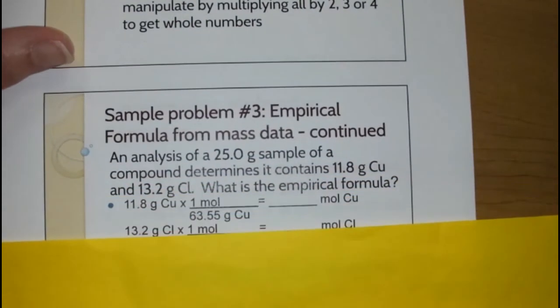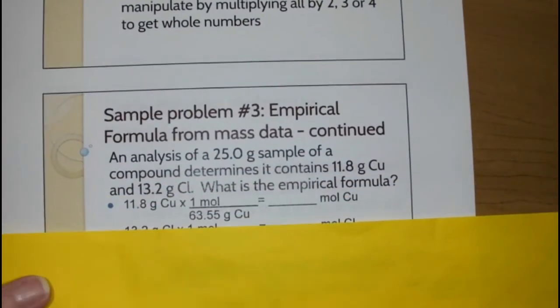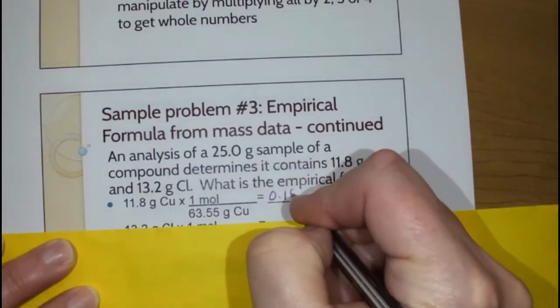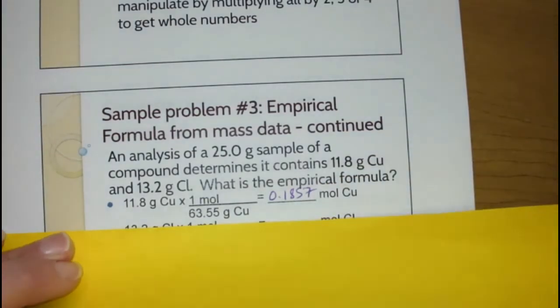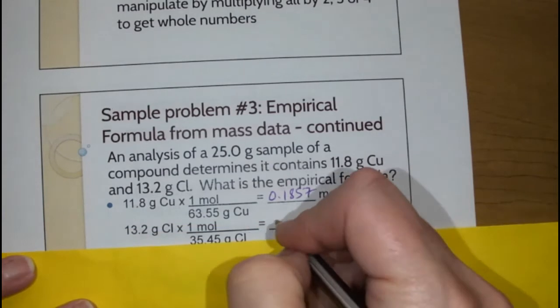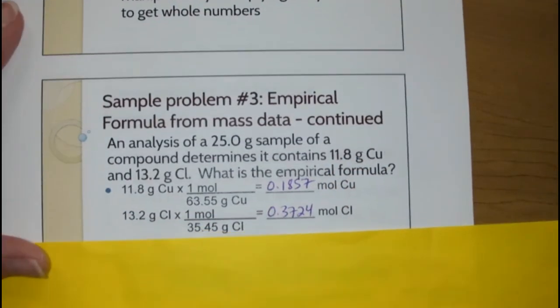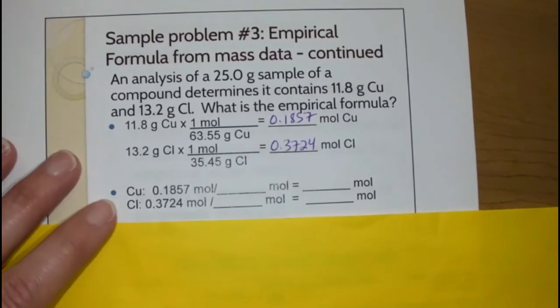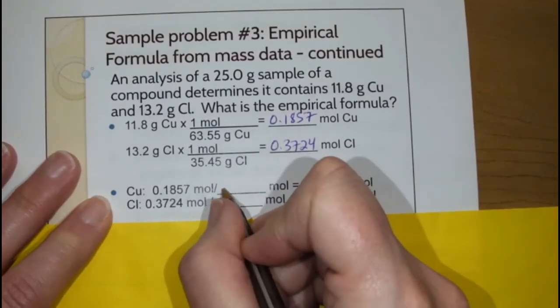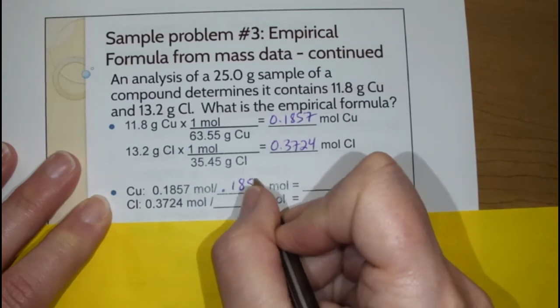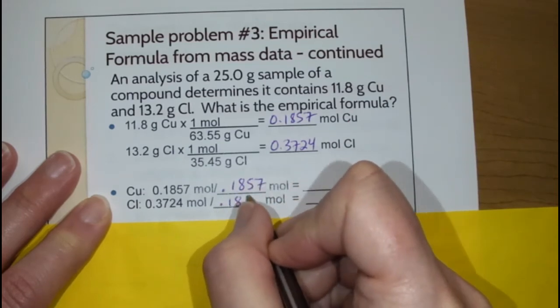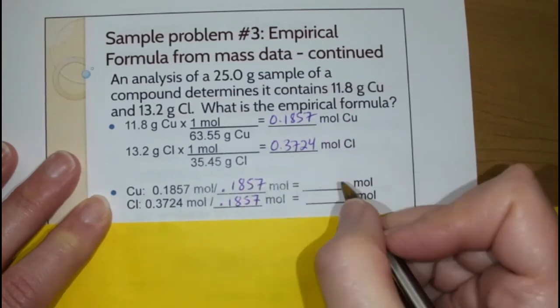All right, so let's do that here. We're going to convert copper to moles, and we get 0.1857 moles of copper. And then the chlorine, we get 0.3724 moles of chlorine. After we do that, we're going to divide both of them by the smallest number, 0.1857.